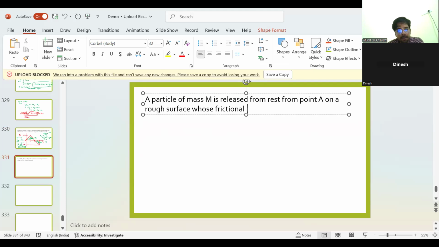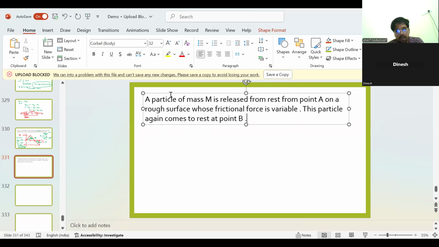This particle again comes to rest at point B. Then find the work done by friction.